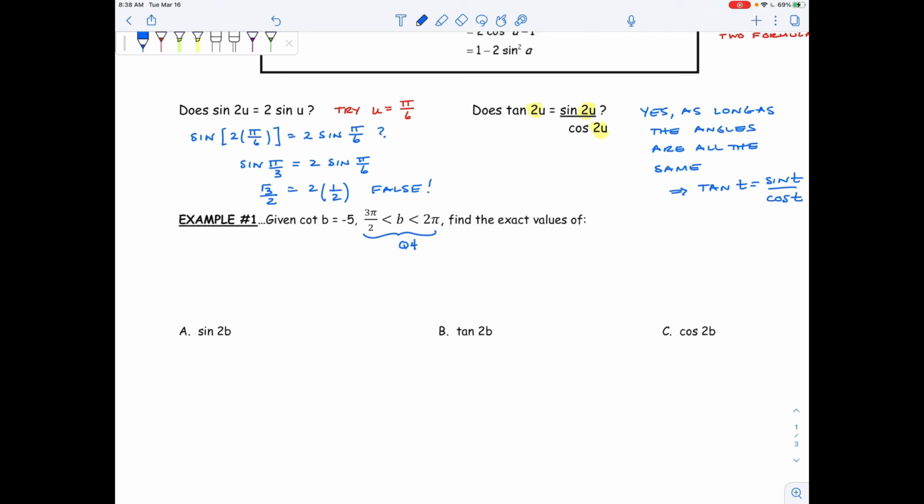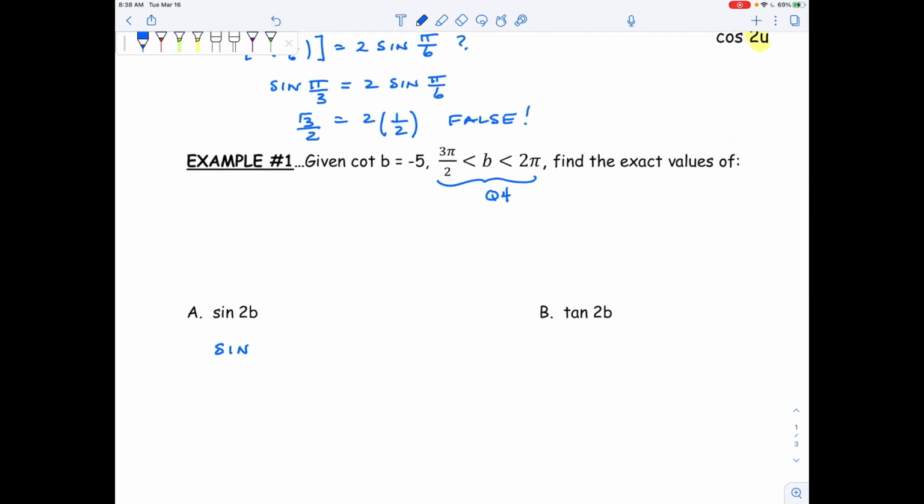So if we wanted to find the sine of 2B, then we would employ our double angle formula for sine. So sine of 2B equals 2 sine B cosine B. But we're not given sine B or cosine B. We're only given that the cotangent of B is -5, and we're given that it's in the fourth quadrant.